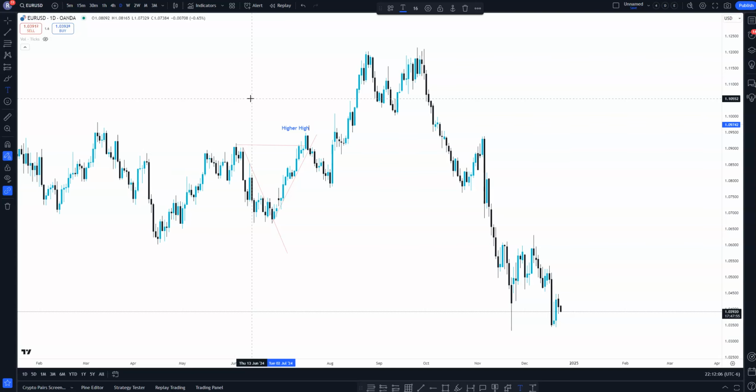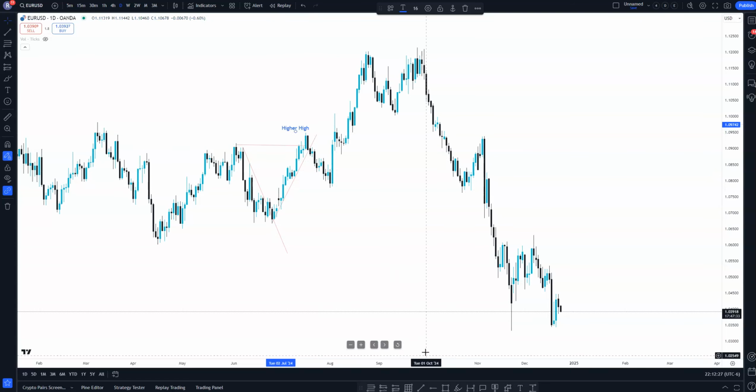So when the market is moving up, we typically create higher highs and higher lows, right? So we have this up move, we create a higher high. Now we should be expecting a higher low. Our last point was here, so it should be something that's above that.